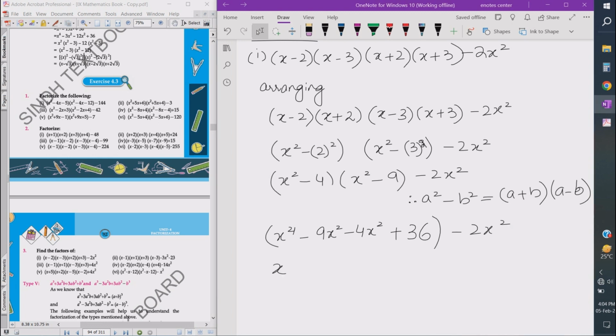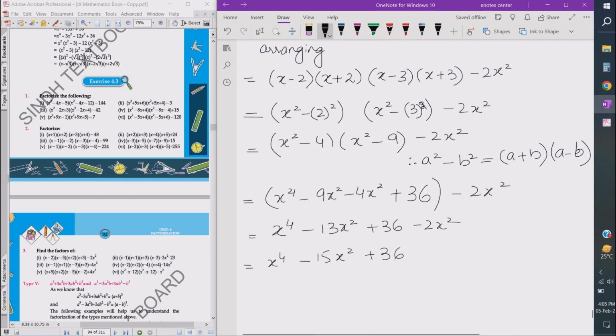Now we have to simplify again: minus 13x square plus 36 minus 2x square. Now we have x to the power 4 minus 15x square plus 36.